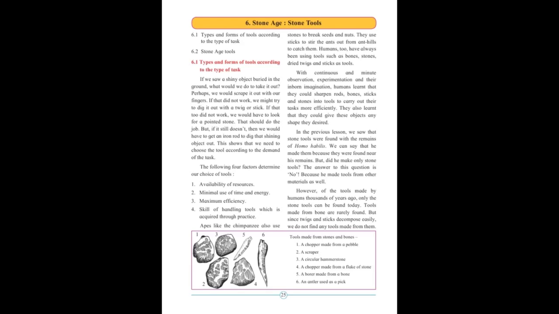And if that doesn't work, next what will you do? You will try to dig the ground with the stick to take it out, correct? Yes. And if still it does not come out, you will have to take the pointed stone to take it out, correct? Yes. And if that also does not work, you will have to try it with an iron rod to take the shiny object out from the ground.